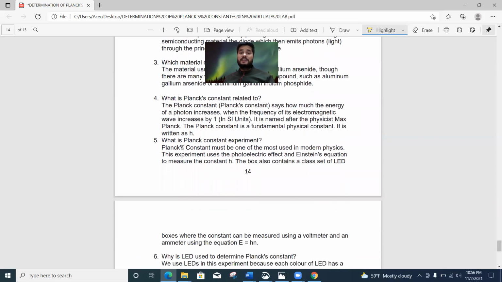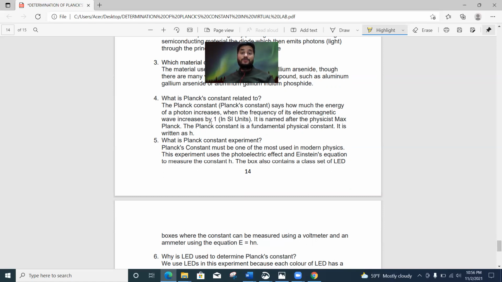What is Planck's constant related to? Planck's constant says how much the energy of a photon increases. That is an important key point, which should be kept in mind. It says how much the energy of a photon increases when the frequency of the wave increases by 1 unit.